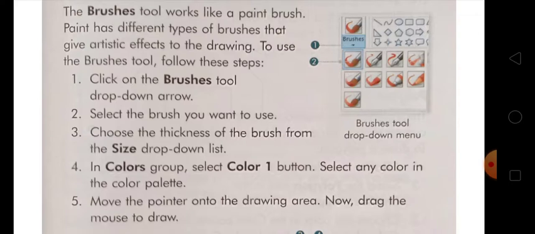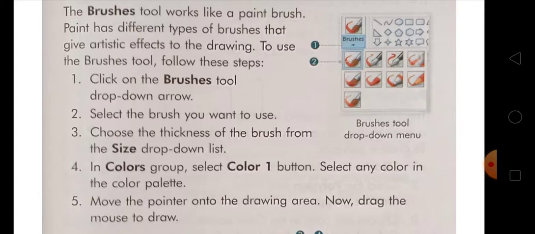In this chapter, chapter 5, More on MS Paint, we have learned the paint window. The paint window has two parts, ribbon and drawing area. The ribbon contains the tools that you draw with, and the drawing area is the area where you draw. The ribbon is divided into tabs and groups.